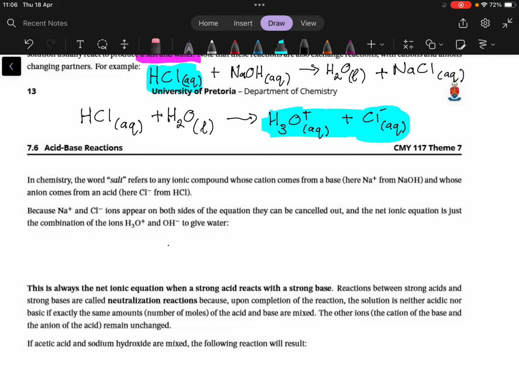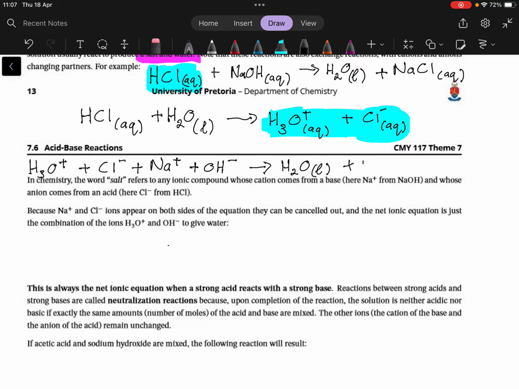HCl becomes H3O+. Everything is in aqueous conditions, so I'm not going to write that out every time. The sodium hydroxide is a strong base. In other words, it also splits easily into its ions, forming water. Water won't split into anything because that's a pure compound.